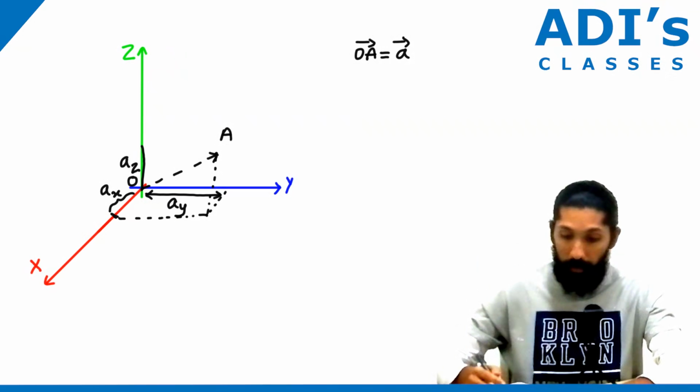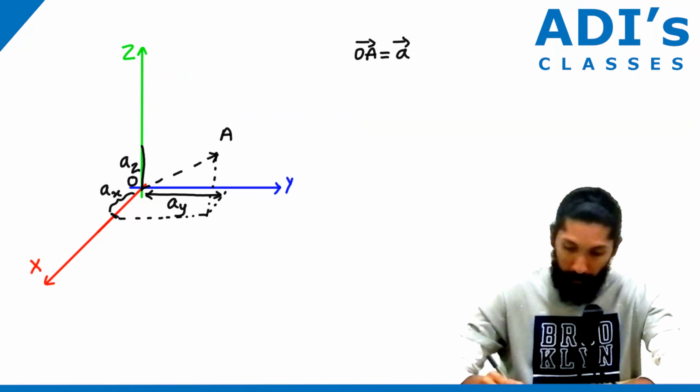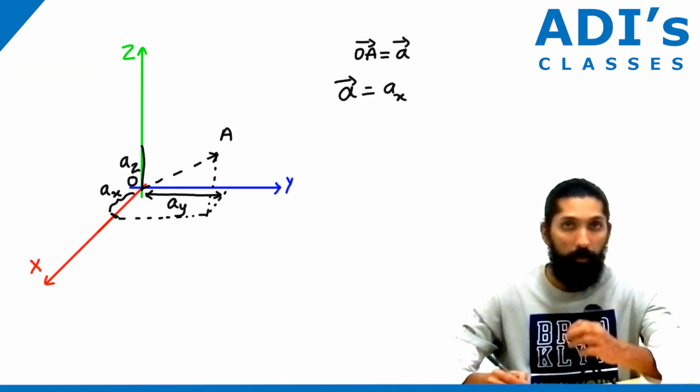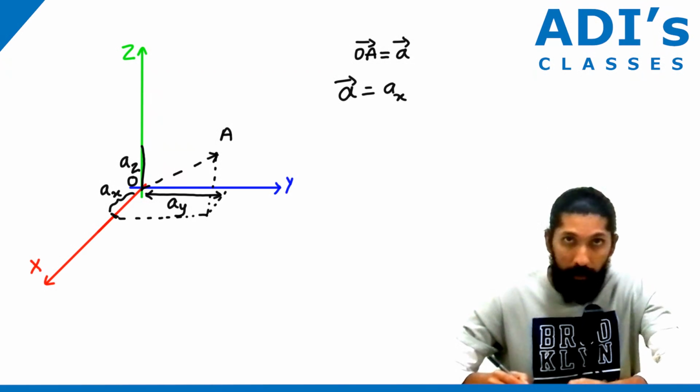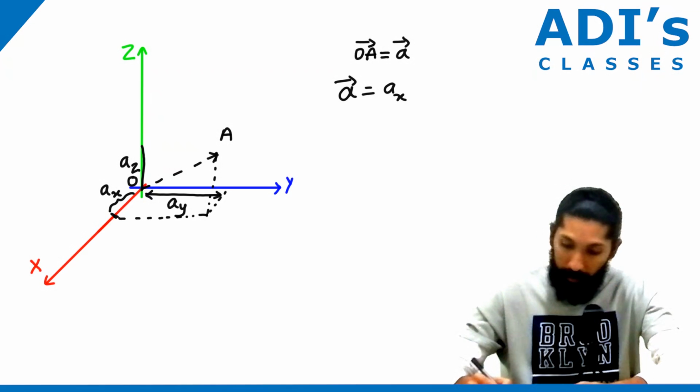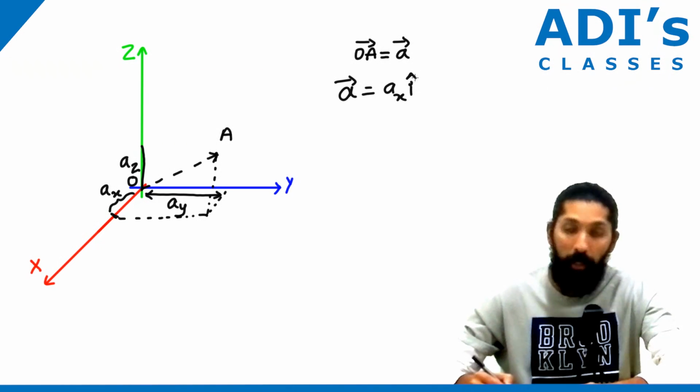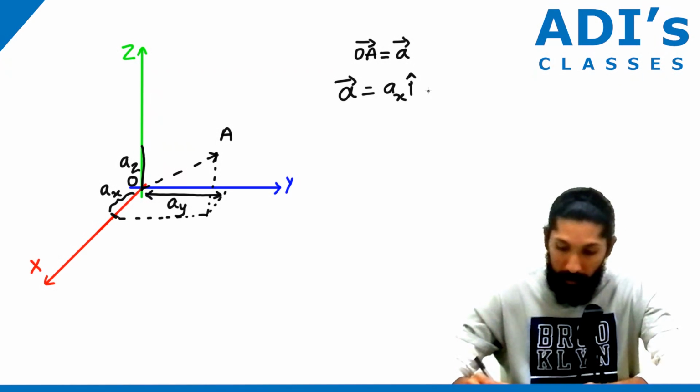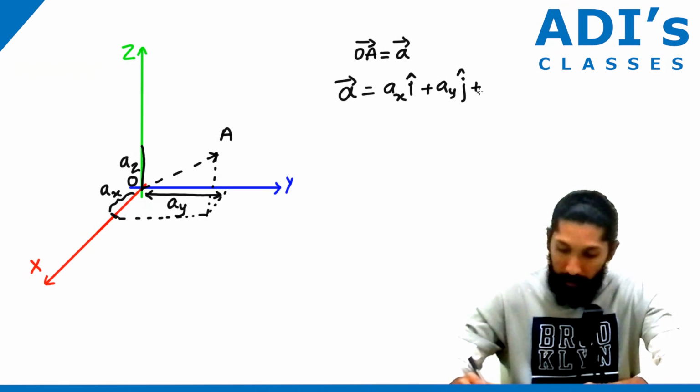Now here, vector A is equal to ax times the unit vector along the x-axis, which is i cap. So A equals ax i cap plus ay j cap plus az k cap.